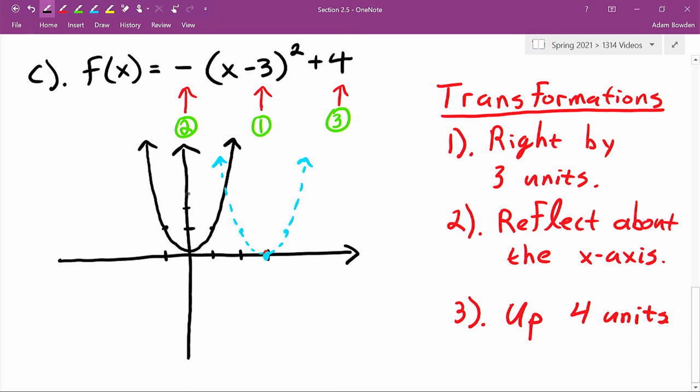Now, to save some space here, I'm going to go ahead and do that in one step. If we reflect, basically it would go down like so. But then we have to shift that up by 4 units. So when we're done, it should be positioned somewhere in this vicinity.